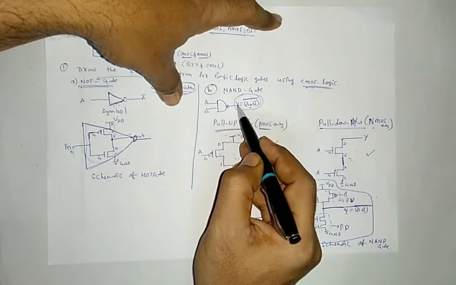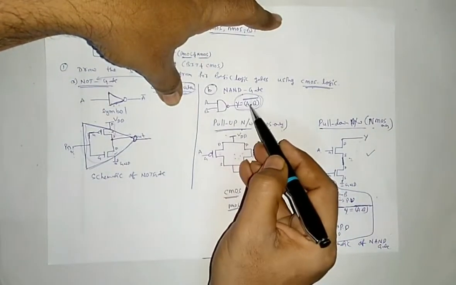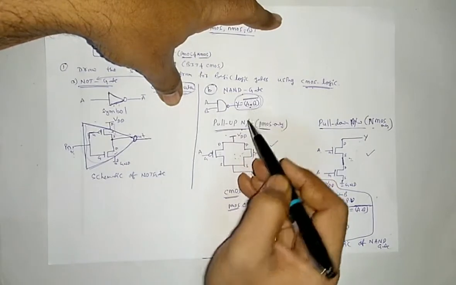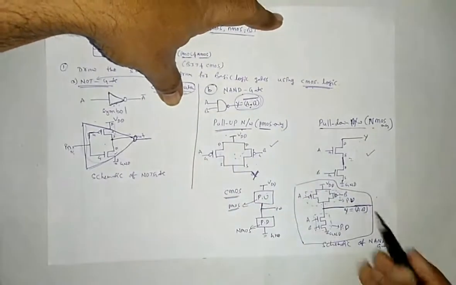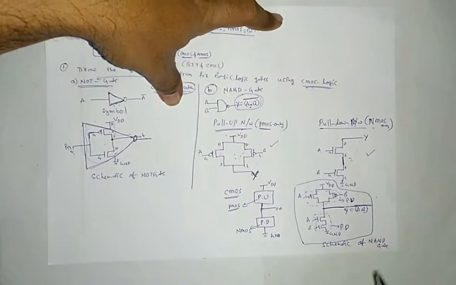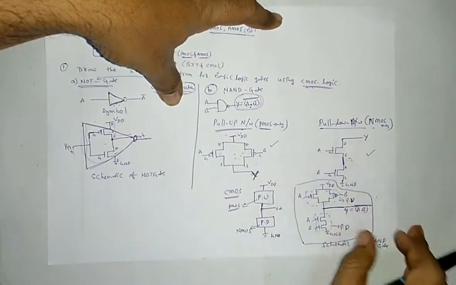If the given logic function is uncomplemented logic, then you should use an inverter at the output section. Do remember this point.